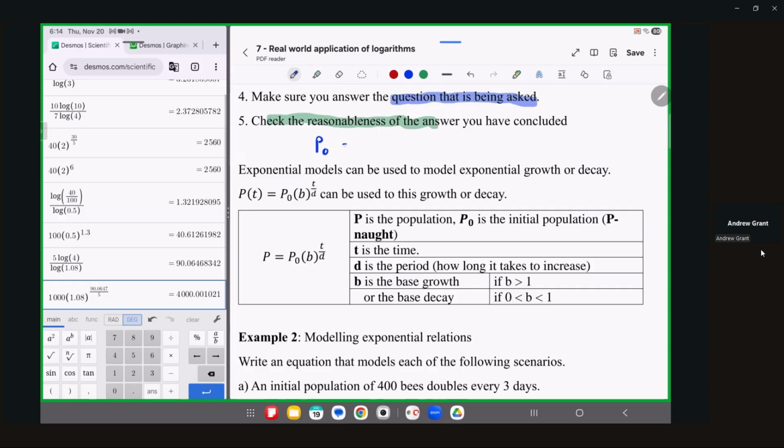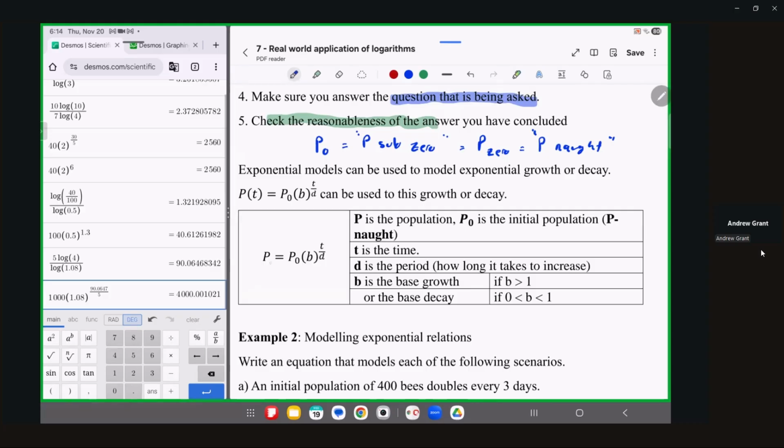P sub 0, or P0. Most often we pronounce this as P naught. I pronounce it P sub 0 just so that it's very clear that we're talking about a subscript.